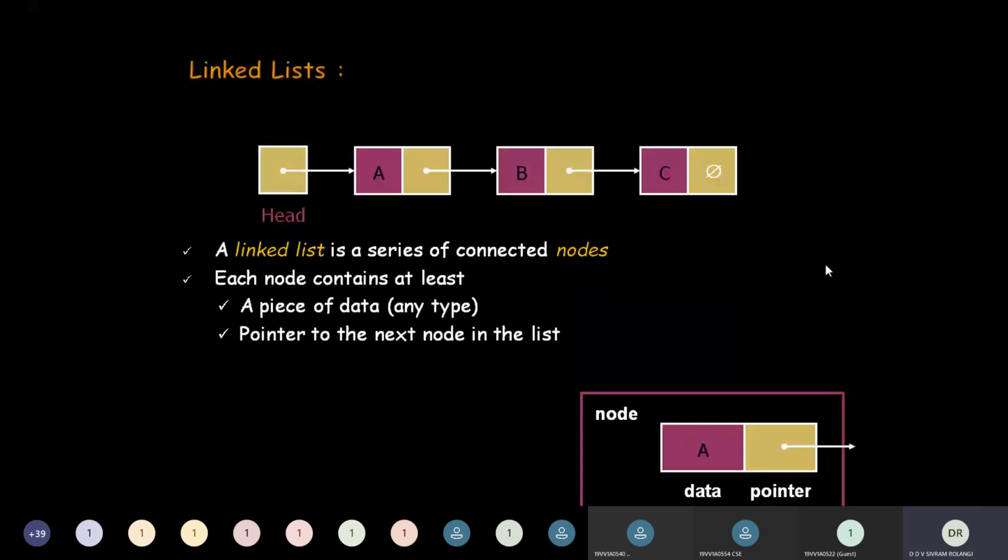The head node doesn't contain any data item. Actually it's a pointer which points to the first node in the list. That means in the head node we place the address of the starting node of the list. So if the head node address is with you, then you can trace the linked list, right?